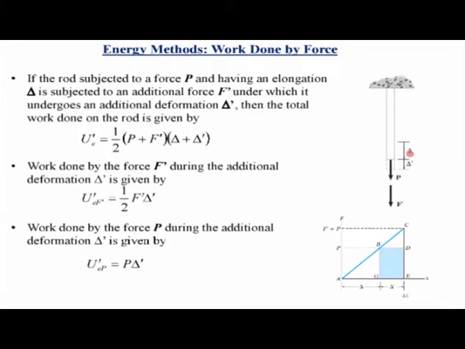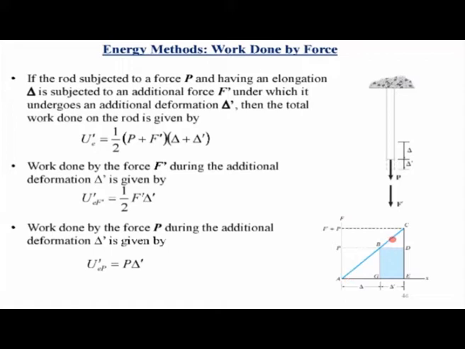So the final deformation of the bar now is delta plus delta dash, and the total load acting on the bar is P plus F dash. So the total work done is now half P plus F dash into delta plus delta dash.